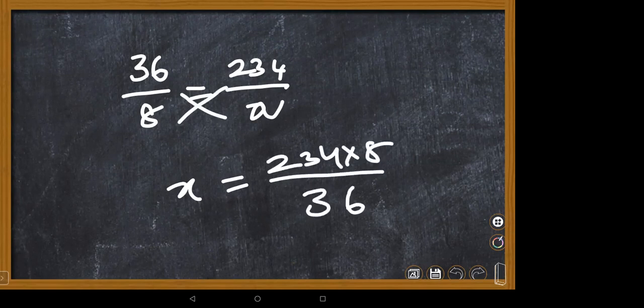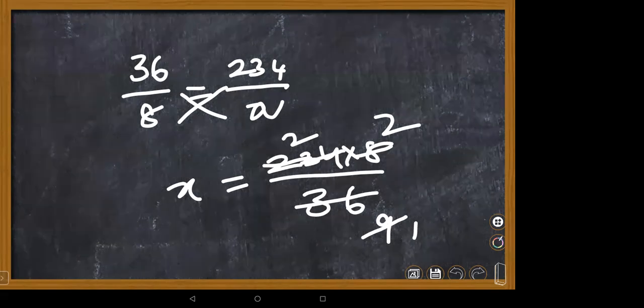Come on, children. 4 2s are 8, 4 9s are 36. 54, how many times? 26. 26 2 times 52.